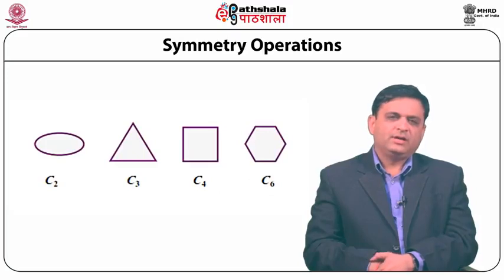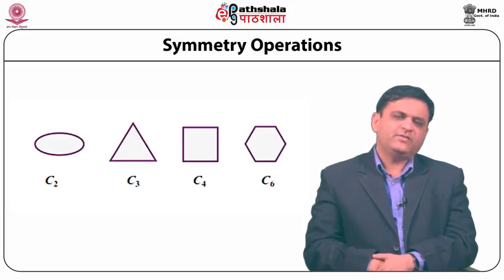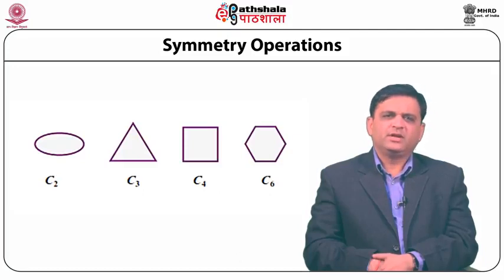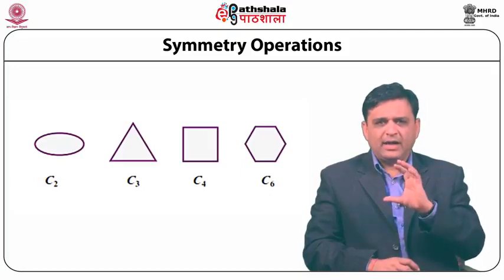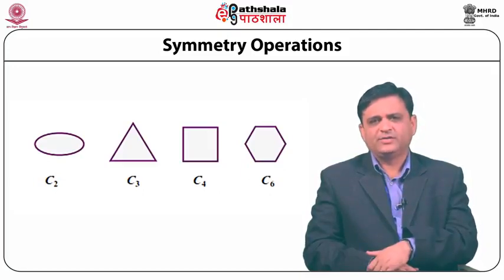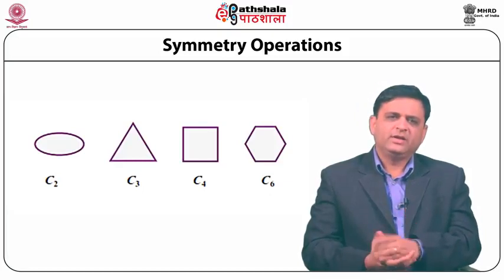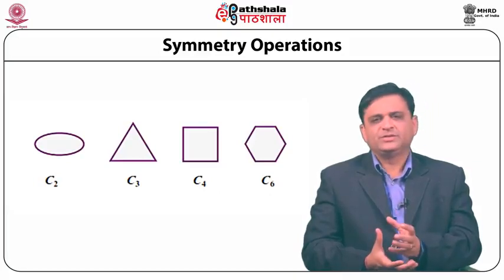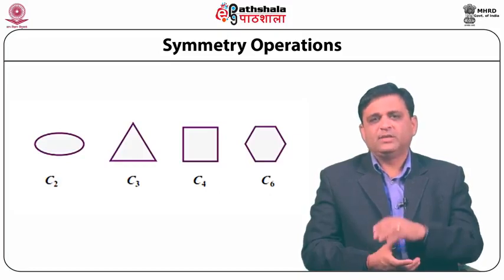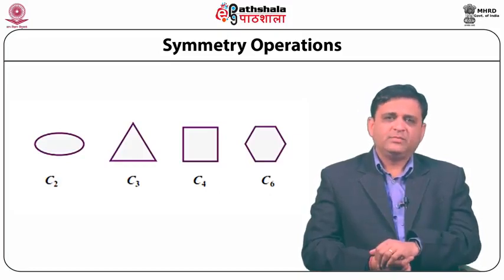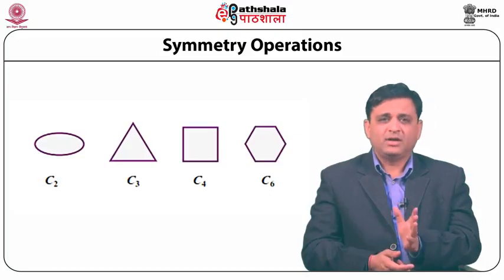Now, I will tell you something about symmetry operations. Symmetry operations are operations in a crystal or in a given material such that if you apply them and you leave the material invariant, or leave the crystal invariant, then these are called symmetry operations. Now the symmetry operations can be translation, rotation of an object, inversion, or mirror reflection.